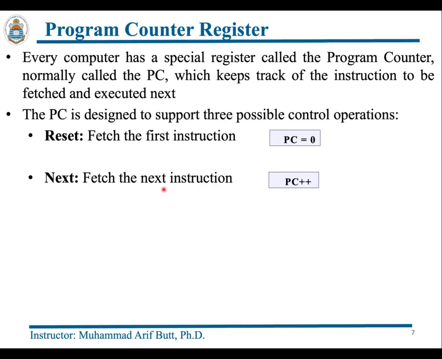By next I mean fetch the next instruction, and we assume that the next instruction is at the next address, so we want this to have the capability of performing an increment operation. And the third one is go to, that is fetch the instruction at address n, which is required in cases of the selection structure, if else and loops, that is we want to place a specific address inside the PC.